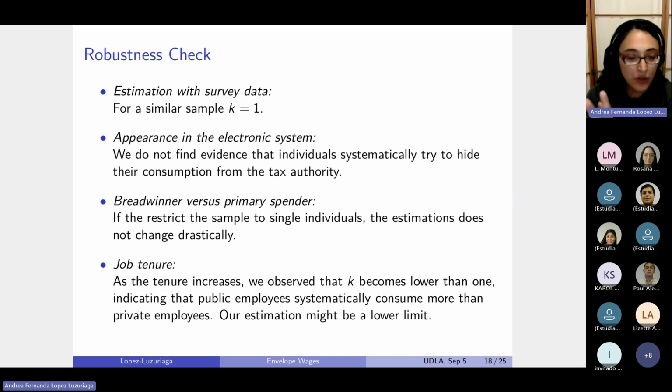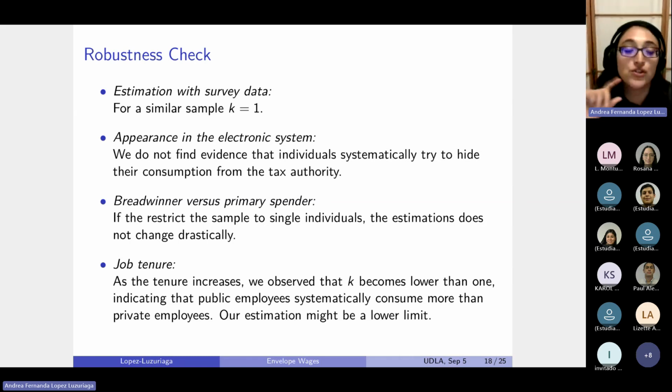So what we end up comparing is public sector employees with long tenures with private sector employees with long tenures. And in that case, the relation switches. The ones who are spending more are the public sector instead of the private sector, which tells you that a public sector employee thinks that it is less likely for him to be fired, so he saves less.